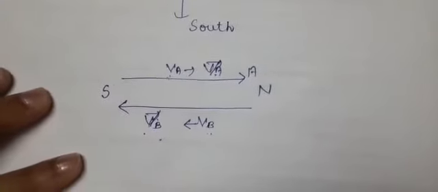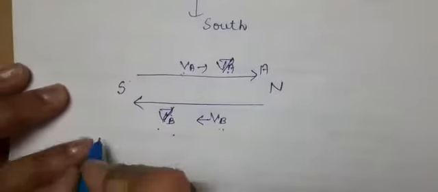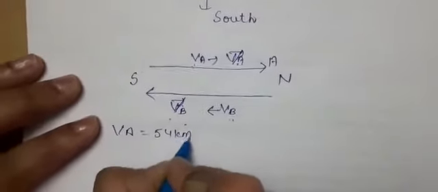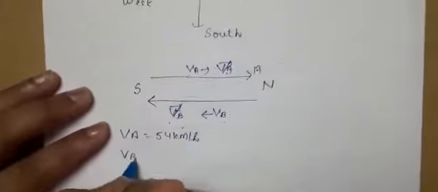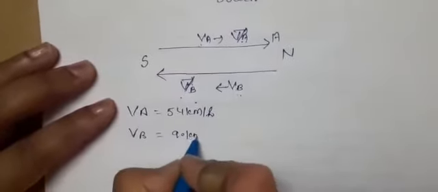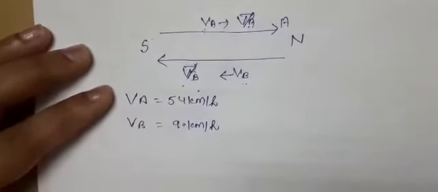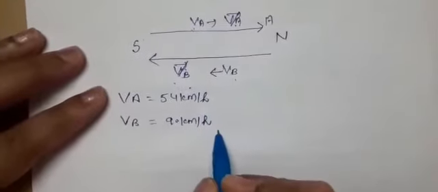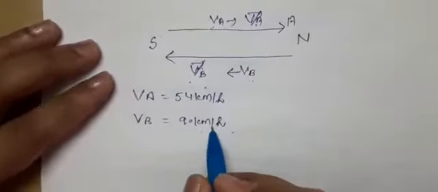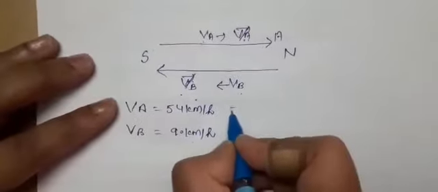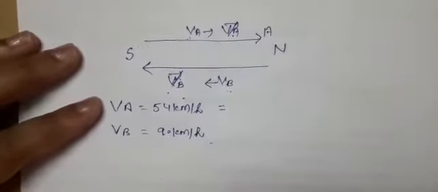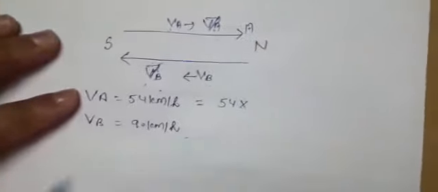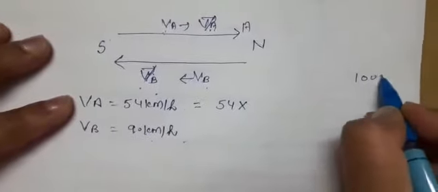Now here, as both are moving in opposite directions, velocity of A is given to be 54 km per hour and velocity of B is given to be 90 km per hour. I always prefer to convert it into meter per second. I am converting it so that I will give you the idea of conversion. In 1 kilometer, how many meters are there? 1000.